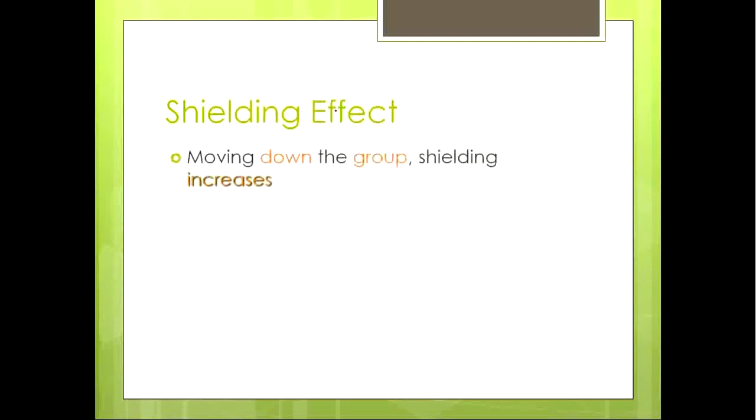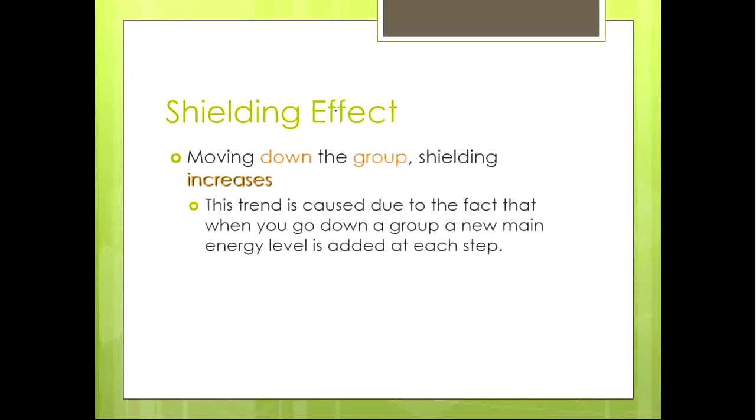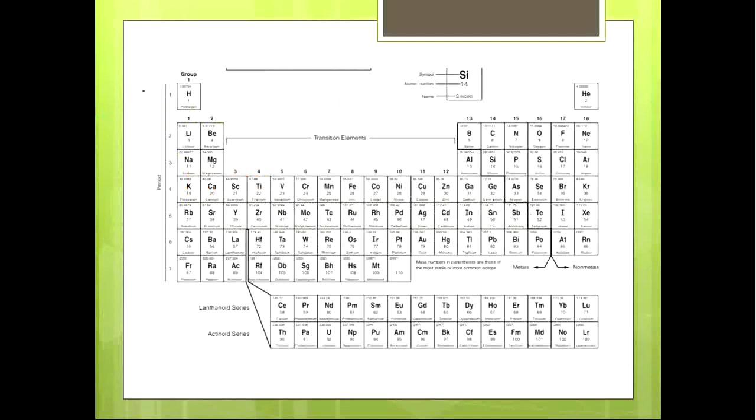As we go down the group, shielding increases. Why does shielding increase? Because as you go down each energy level, what do you add? You add an energy shell. And the more shells you have, the more protection there is, right? So if I go to the 7th period, imagine 7 rings, 1, 2, 3, 4, 5, 6, 7.